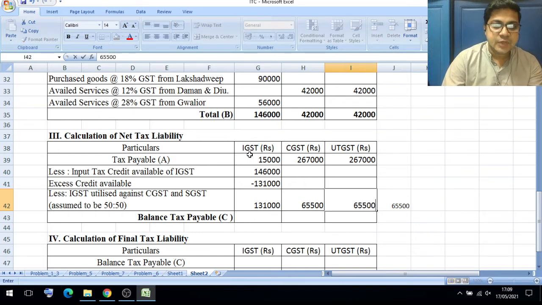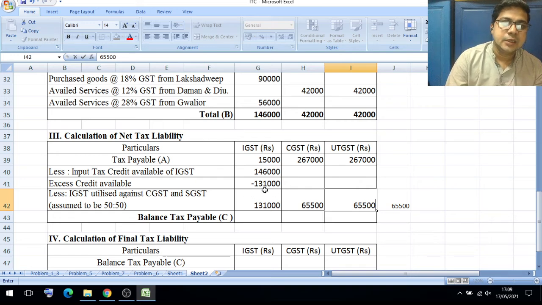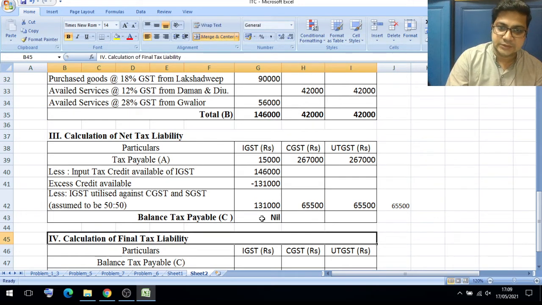It means IGST's excess credit available we give to the CGST and UTGST, and we put nil as the balance. If excess credit is available from IGST, then we can use it for CGST and UTGST equally. If it is not available, we cannot use it.